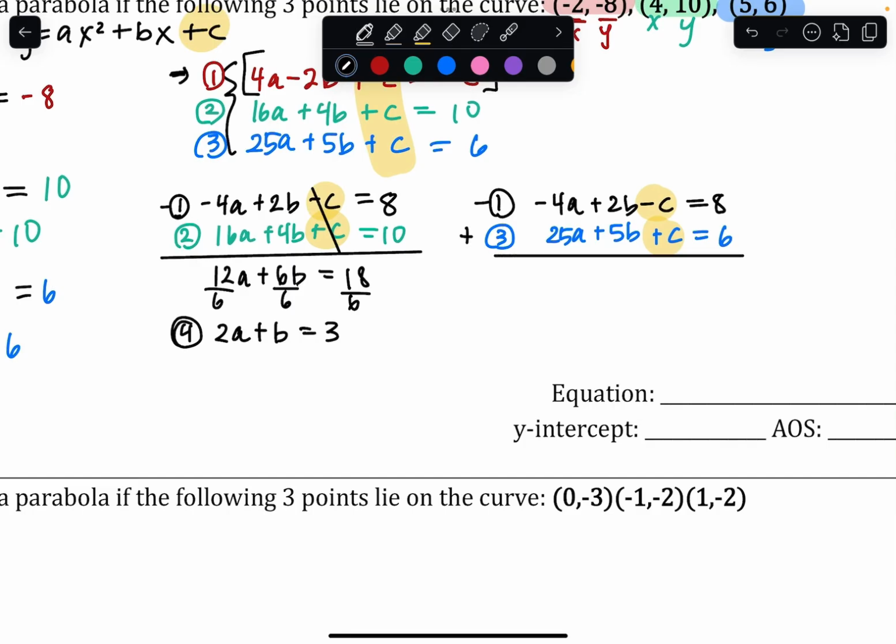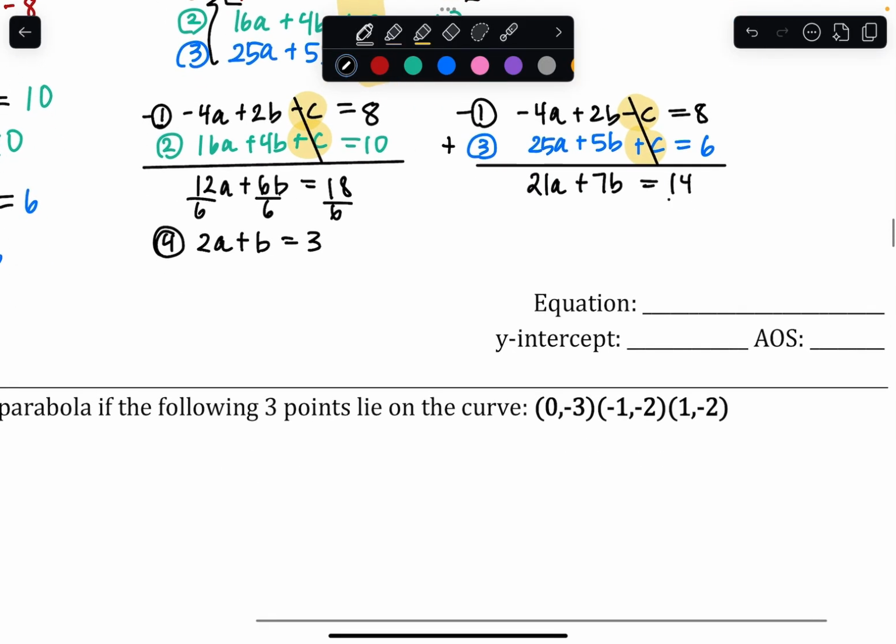And to get equation 5, I have 21a plus 7b equals 14. Those are all divisible by 7, so I'm going to simplify that one as well: 3a plus b equals 2, and that will be my equation 5.